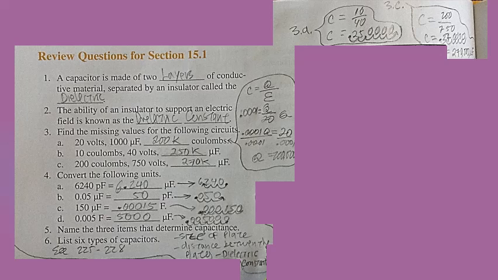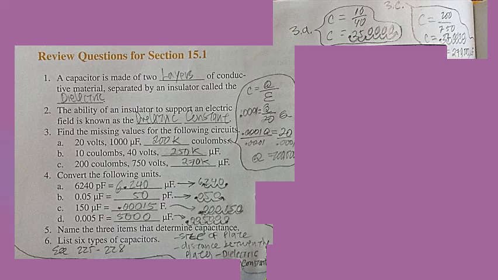First, section A, we have 6240 picofarads. That is 1 millionth of a millionth of a farad, and they want microfarads, which is 1 millionth of a farad.